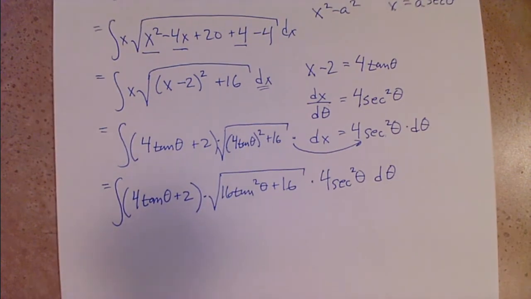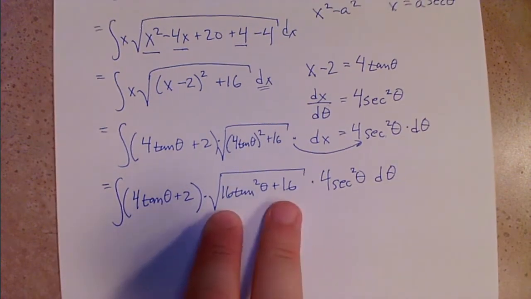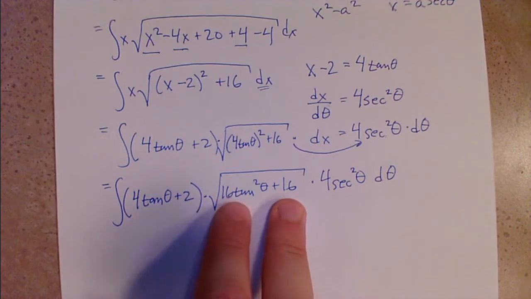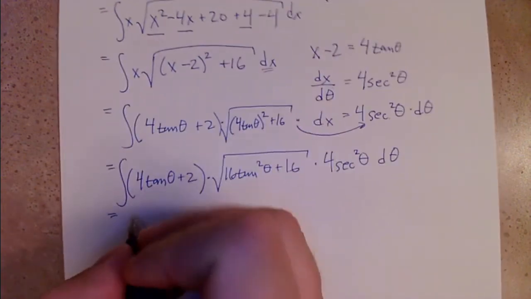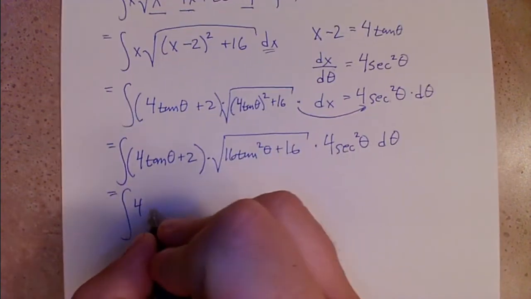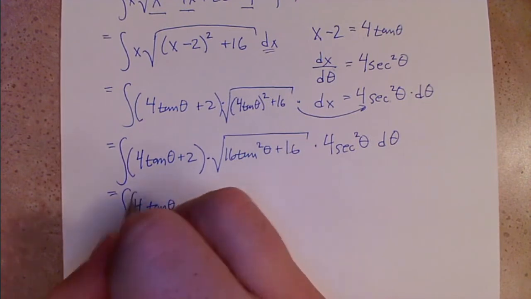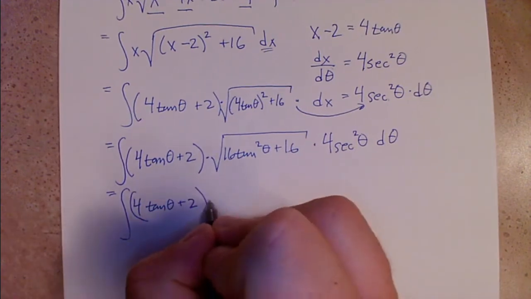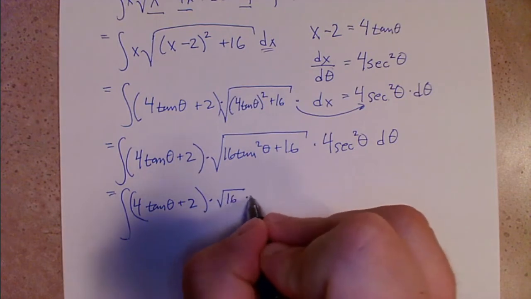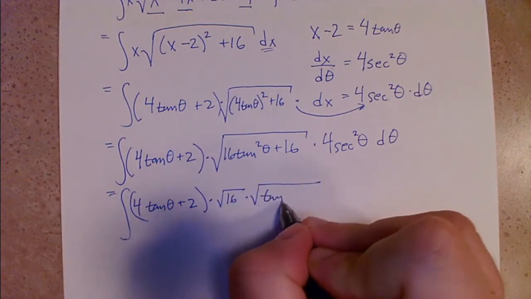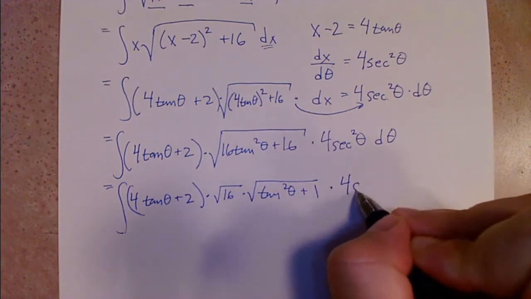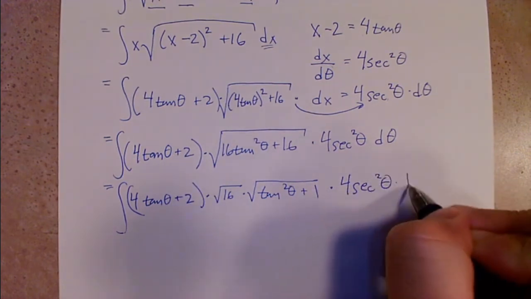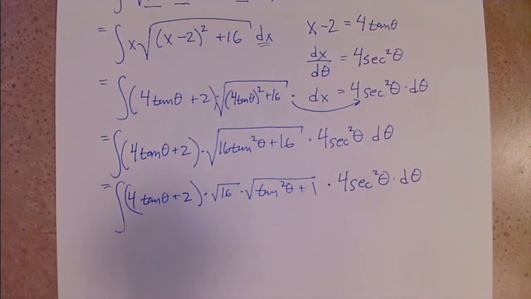Ooh, this is getting interesting, isn't it? I can factor a 16 out, and underneath the square root is 16 times tangent squared plus 1. So this becomes 4 tangent theta, don't forget your parentheses, plus 2 times the square root of 16 times the square root of tangent squared theta plus 1 times 4 secant squared theta with respect to theta.